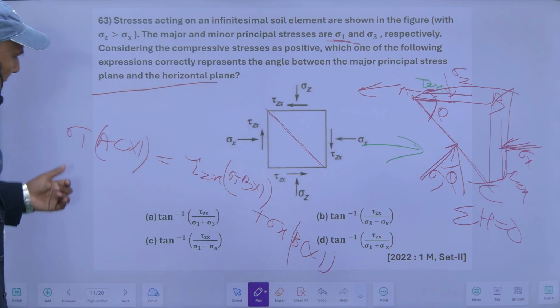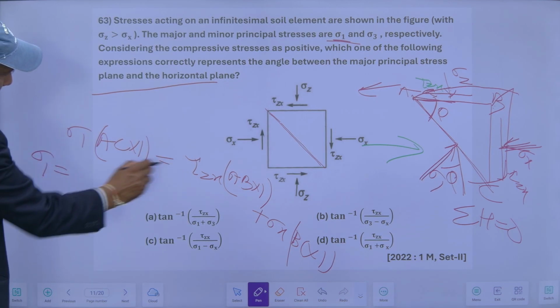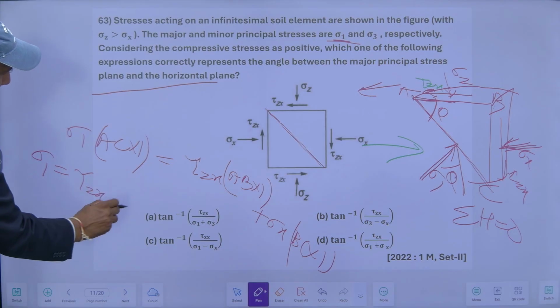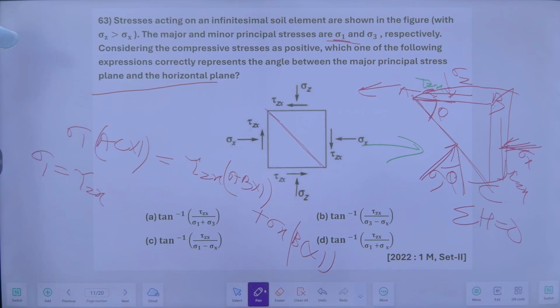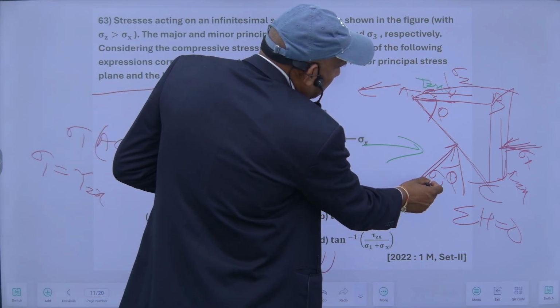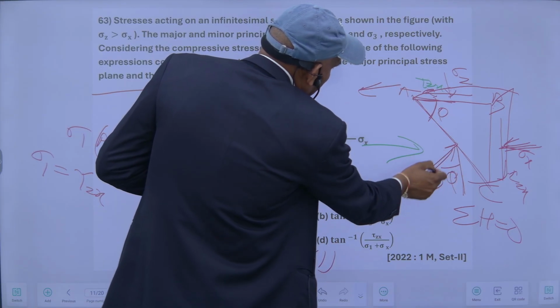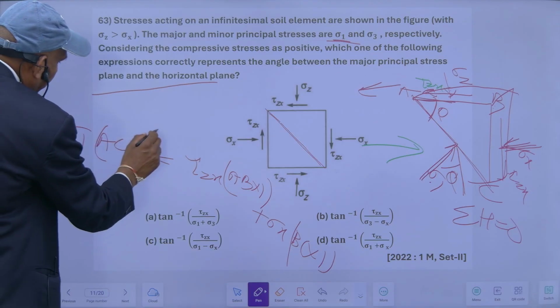Now sigma 1 will be equal to tau Zx. I think we have done some mistake. This will be tau 1 into, this will be sin theta.